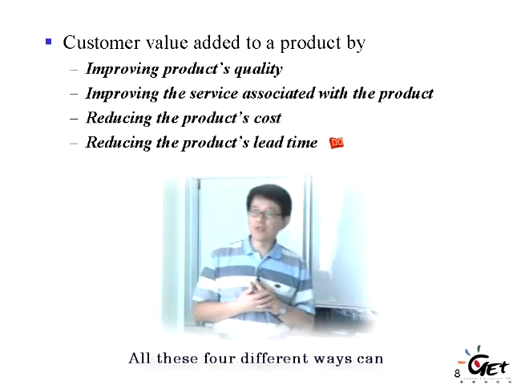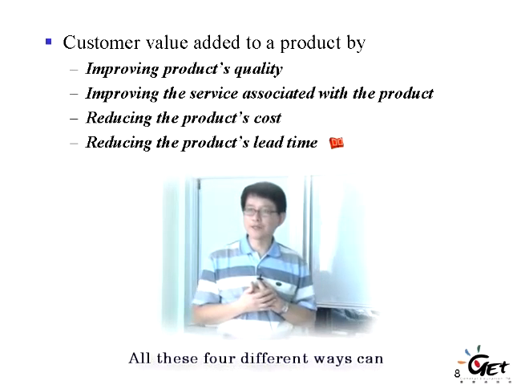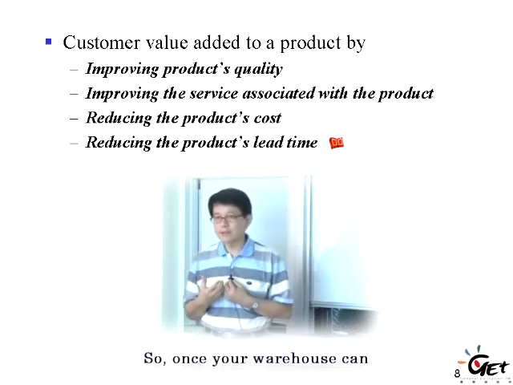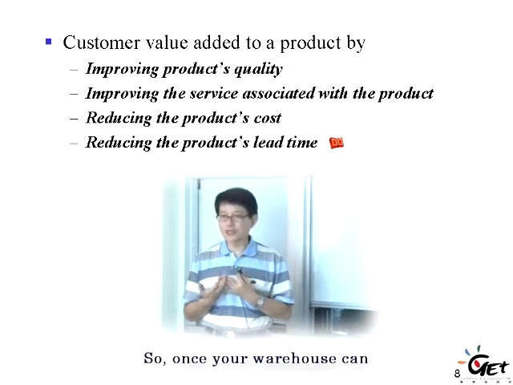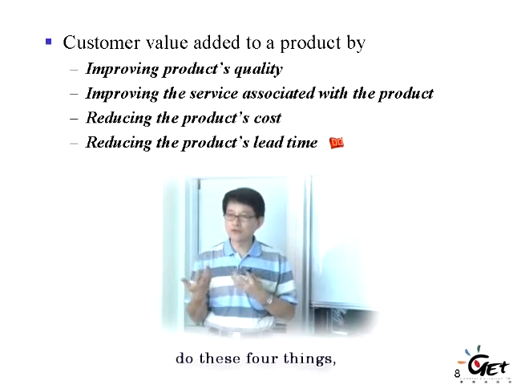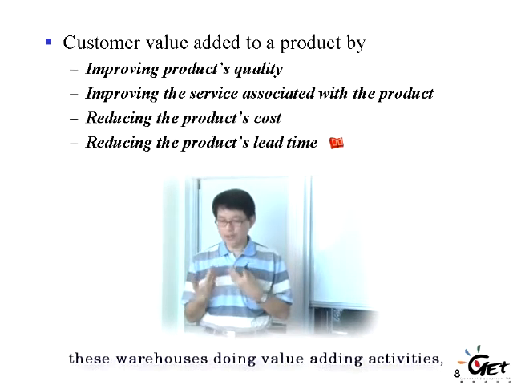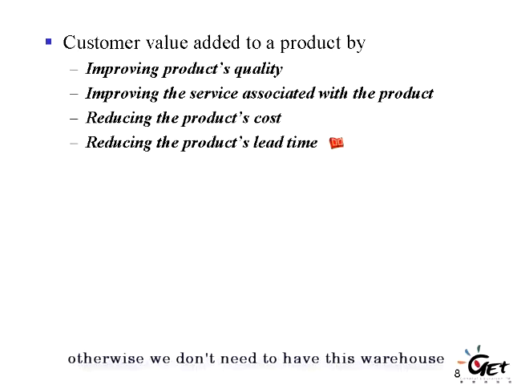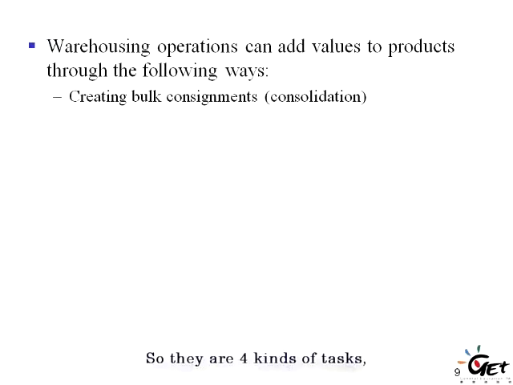All these 4 different ways can add value to a product. Okay. So once your warehouse can do these things, then we say this warehouse is doing value-adding activities. Otherwise, we don't need to have this warehouse to exist. Okay. So there are 4 kinds of tasks that typically we can see in a warehouse that add value.